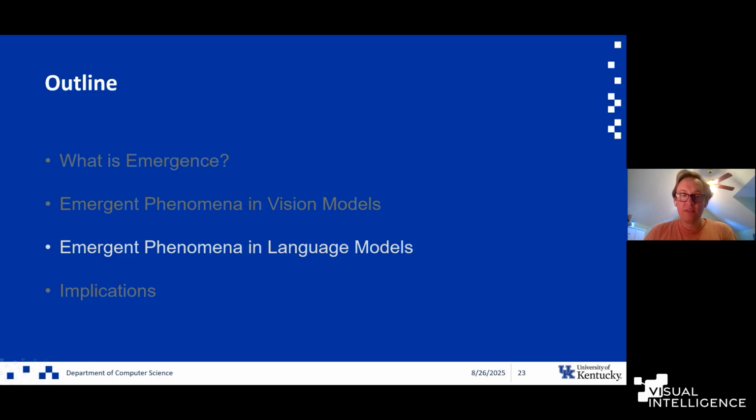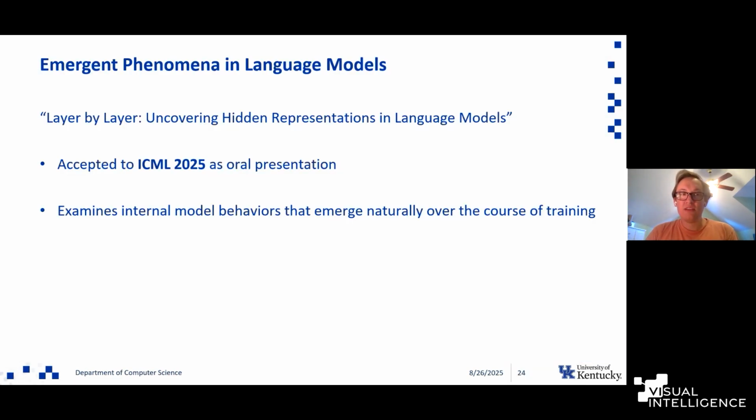So now we'll take a little shift over to the language model world, and we'll tie it back to vision near the end. So looking at emergent phenomena in language models. We'll now be discussing my work. I'll be discussing this paper in particular, layer by layer, covering hidden representations in language models.